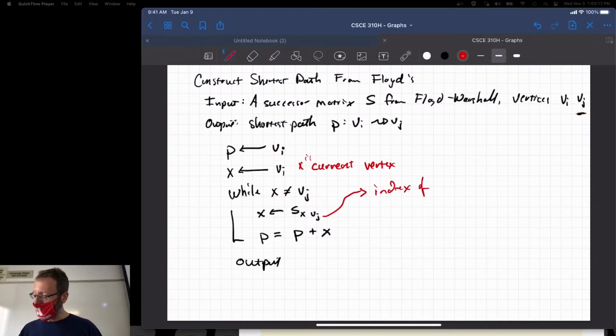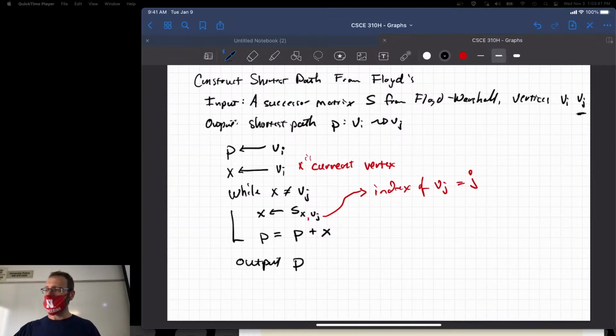Sorry. The index of V sub j, which I guess you could just say is j. Right. If I were doing this, I would actually use the actual nodes instead of indices. Well, in your assignment, the nodes are indices to make your lives easier, right? And I'll output P here. And that's it.